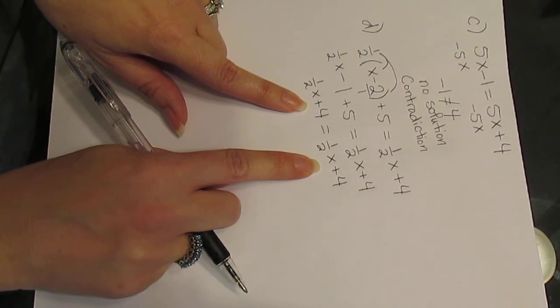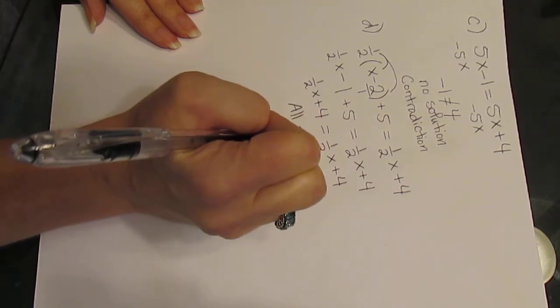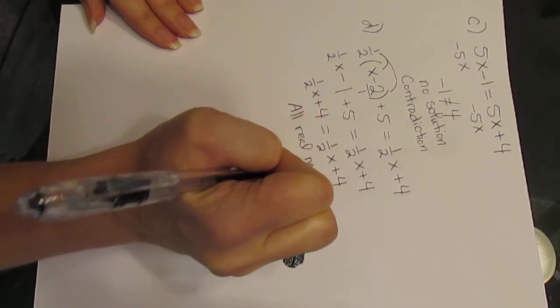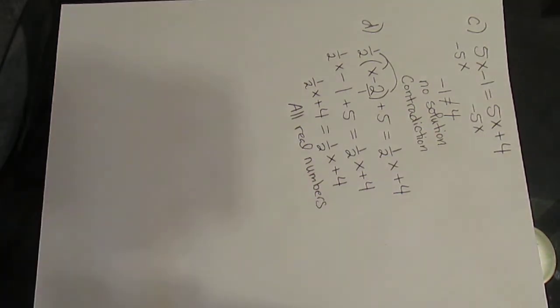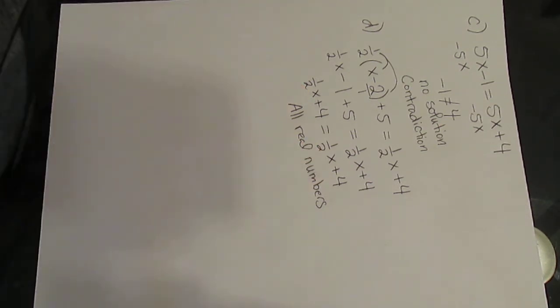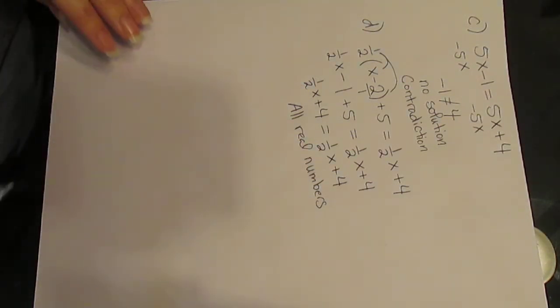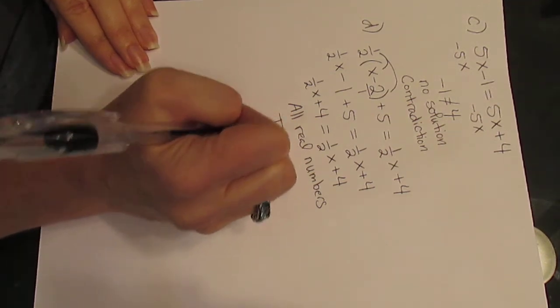But as soon as you see that it's the same on both sides, that means all real numbers is the answer. No matter what number you plug in for x, you're going to get the same thing on both sides, so it's going to work. So all real numbers is your answer, and if you want to classify it, it's an identity.